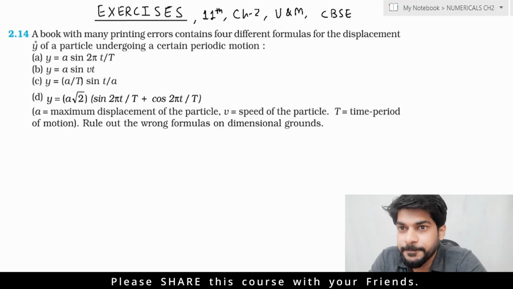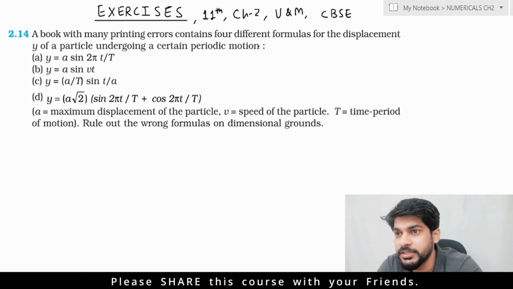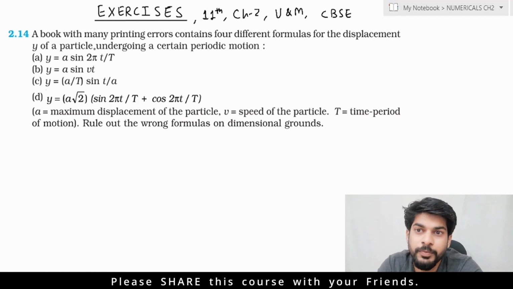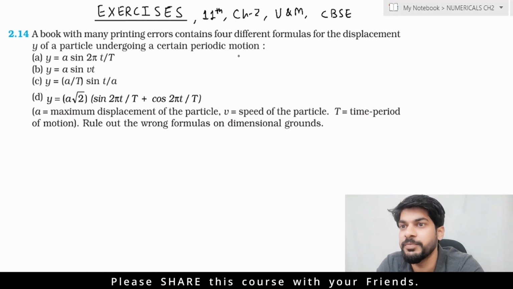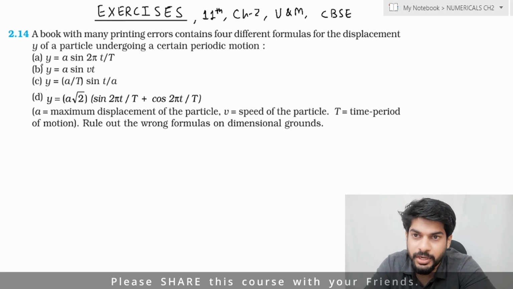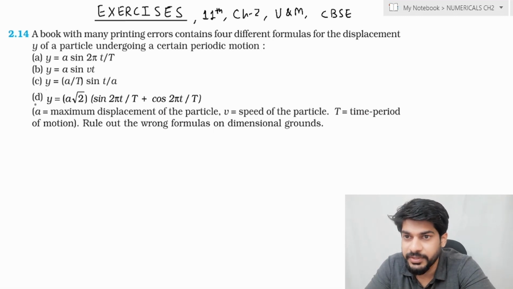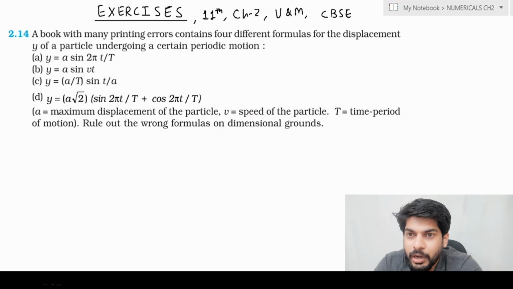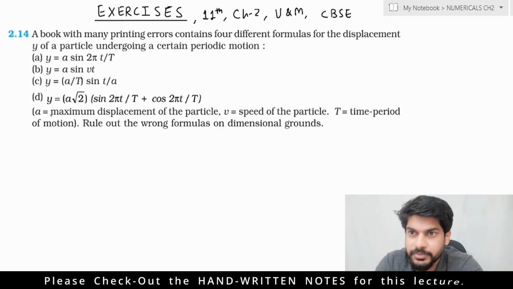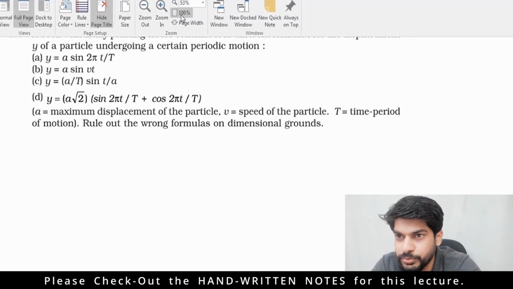The question says that a book with many printing errors contains four different formulas for the displacement of a particle undergoing a certain periodic motion. So there are four equations that you can see given. Out of these you can see a few things are given. Let's zoom this up a little bit.